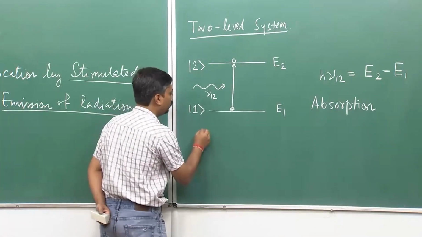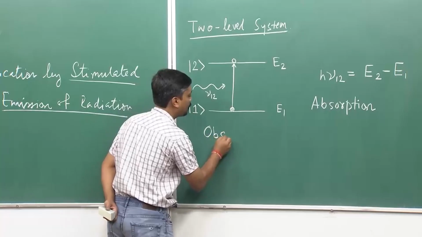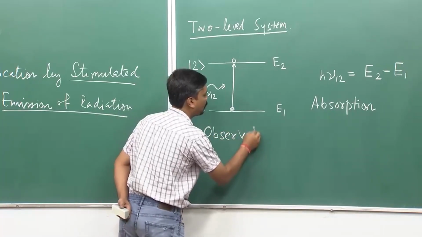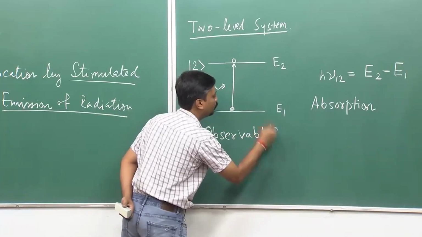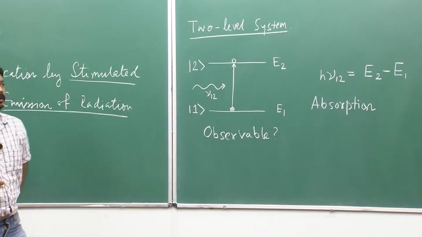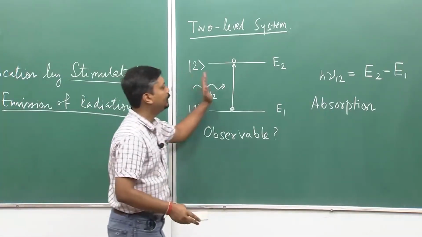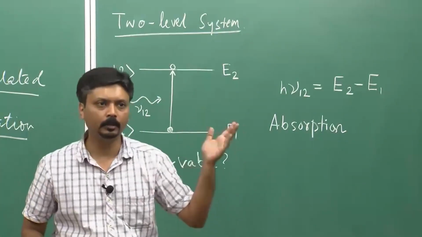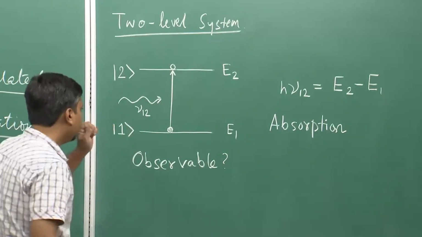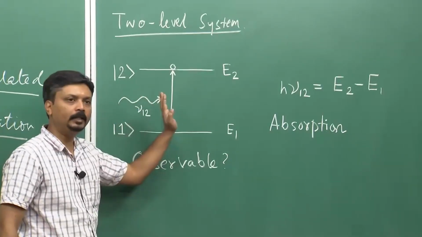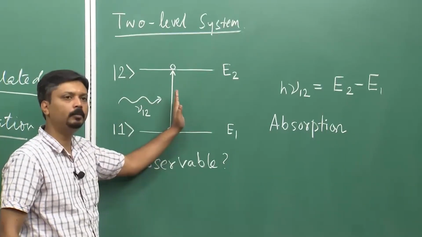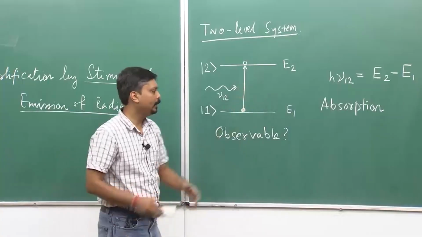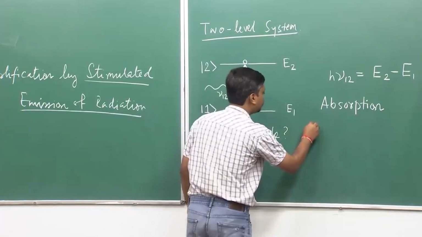So if I come with a light, I can detect the light in absence and in presence of this two-level system. So the intensity of the light in absence and presence of this two-level system, if I look at, then what will I see?